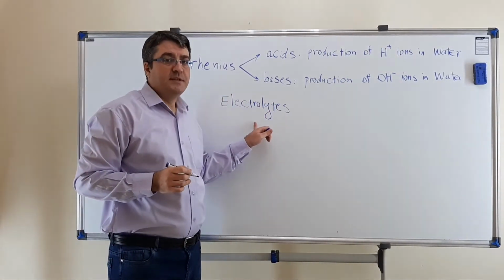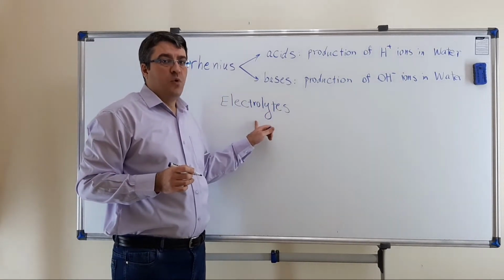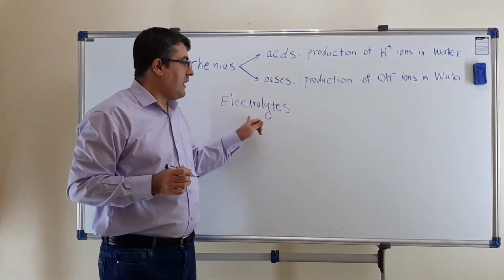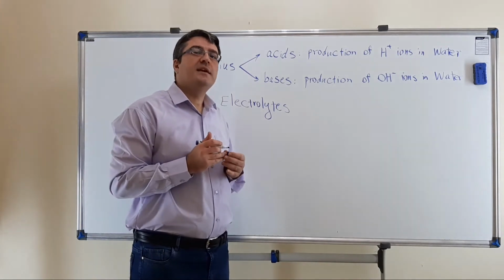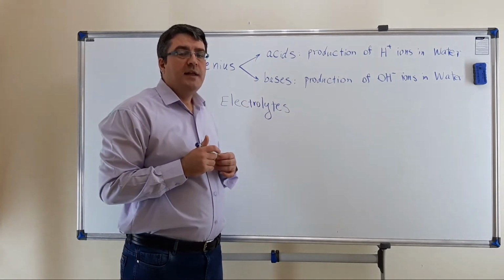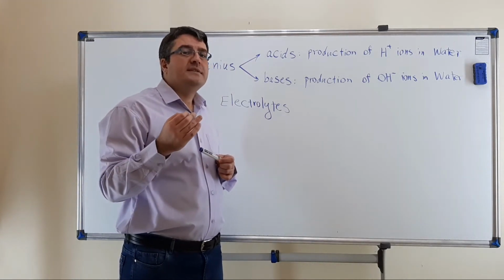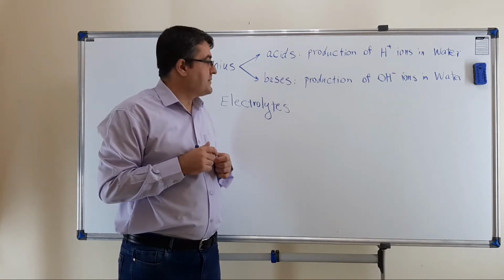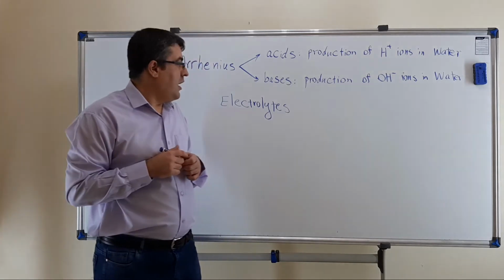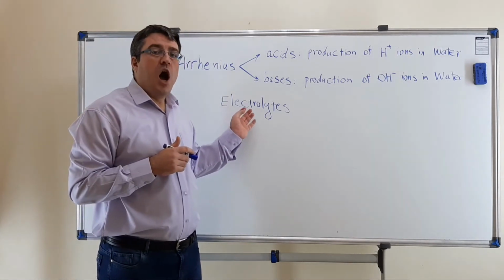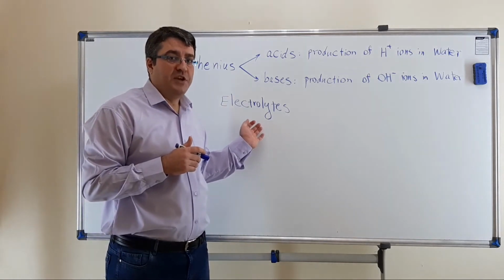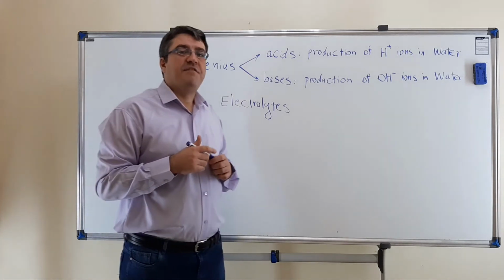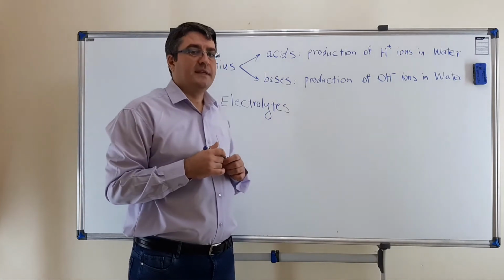Electrolytes are substances which, when molten or dissolved in solvents like water, can conduct the electric current. This is due to the presence of ions in their molten or dissolved forms. Ions come from the ionic dissociation of the electrolyte. Arrhenius was the first scientist to notice this.